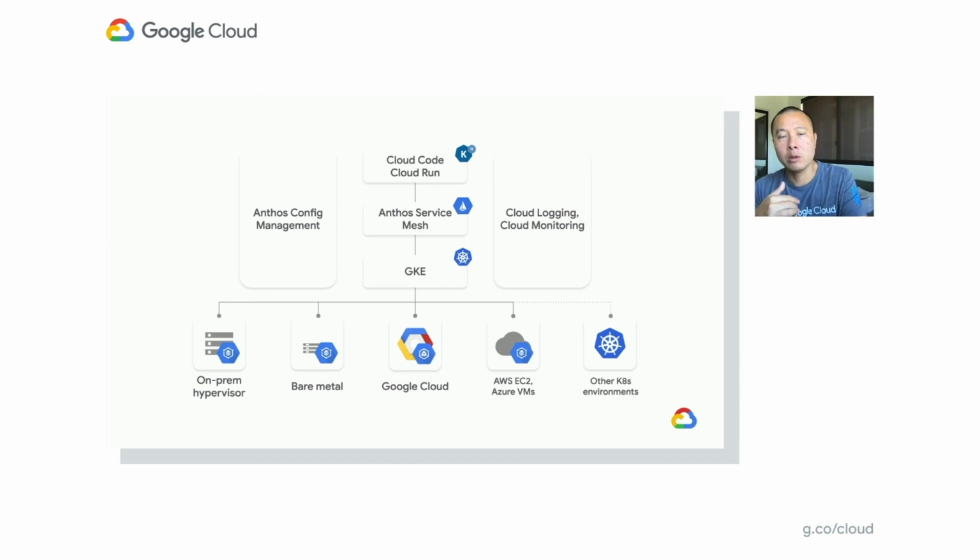Cloud Code to provide IDE-enabled development environments. Cloud Logging and Cloud Monitoring to provide operational visibility across all those deployment options, whether it's for the platform itself or for the applications, as well as Anthos Config Management, which provides consistency of deploying policies and configurations across all those environments.